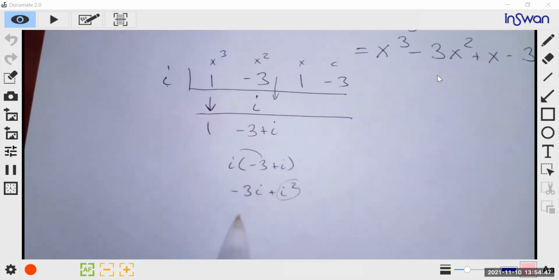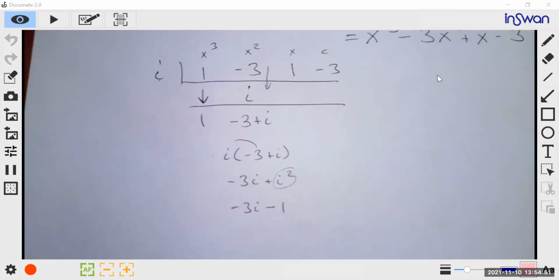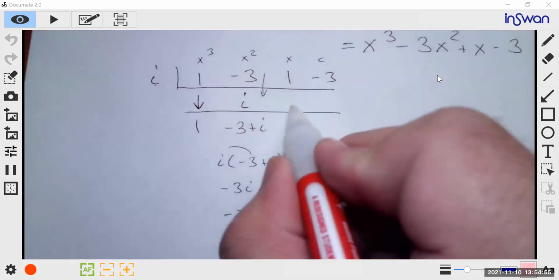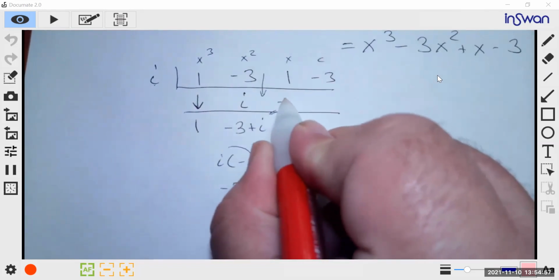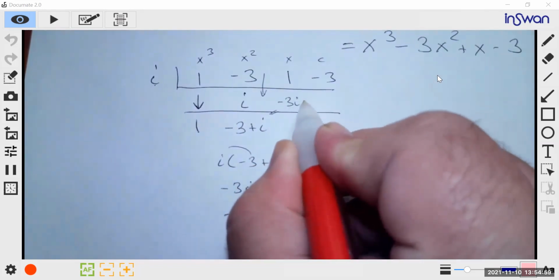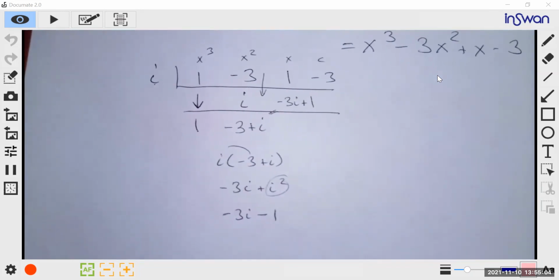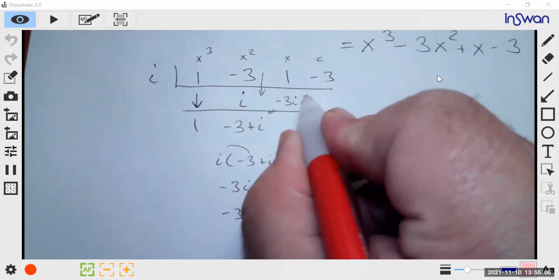But i squared is negative 1. So that becomes negative 3i plus 1. Or negative 1, I'm sorry, negative 1.